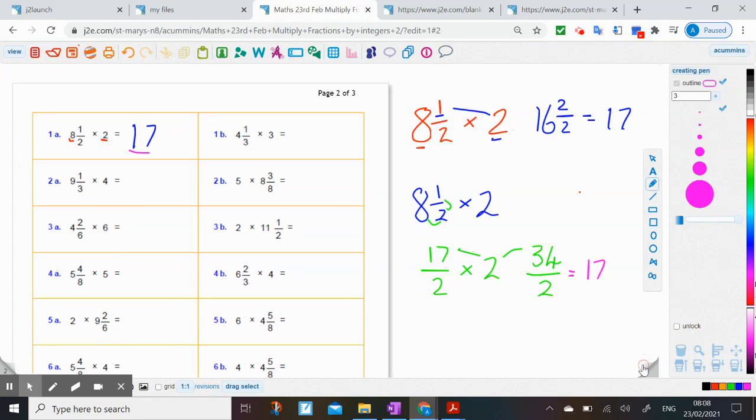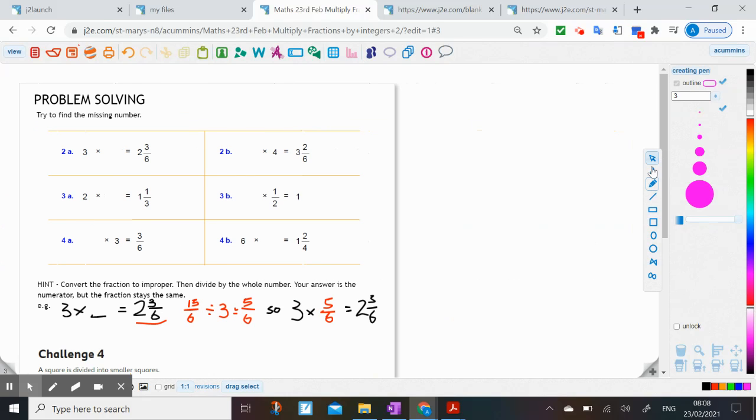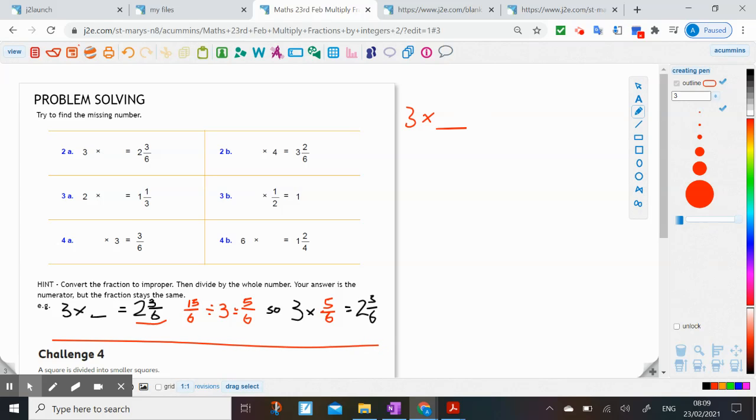Let's have one last look at the problems page. With these, you just need to do a sort of opposite. But again, that improper method that I talked to you about and how important it is is really going to help you here. So I'll do 2a with you. We've got 3 times something is the same as 2 and 3/6.